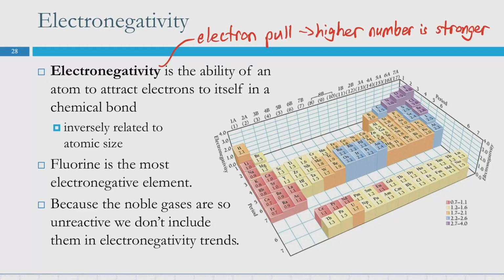So this is showing our periodic table, also kind of askew. Our most electronegative element is fluorine, up in the top right of the periodic table. It's the champ. It's got a value of 4 for electronegativity. That's the highest value. And cesium and francium are on the low end with 0.7. We don't include noble gases because they don't react.